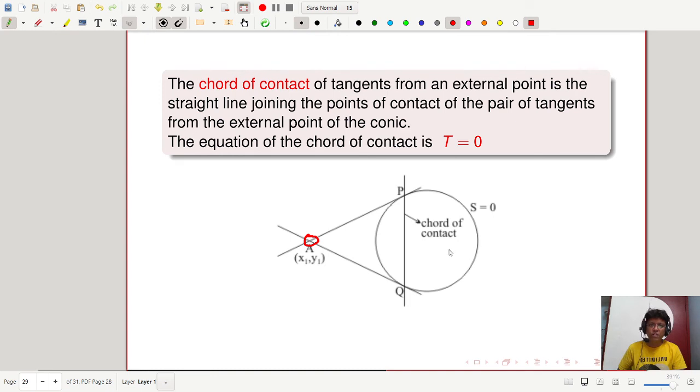If you consider this circle, the equation of the circle is x squared plus y squared equal to a squared. Suppose P is the point (x2, y2) and Q is the point (x3, y3), right?